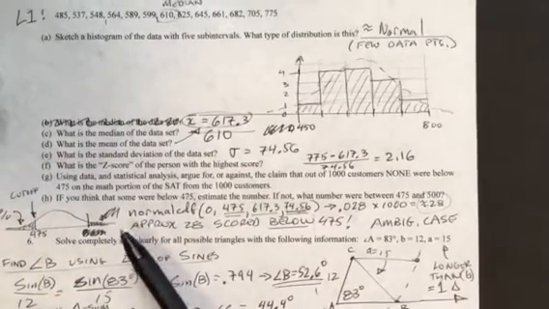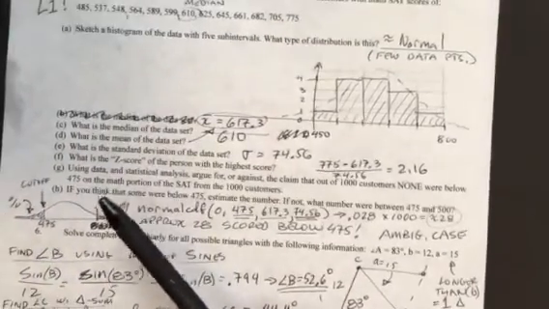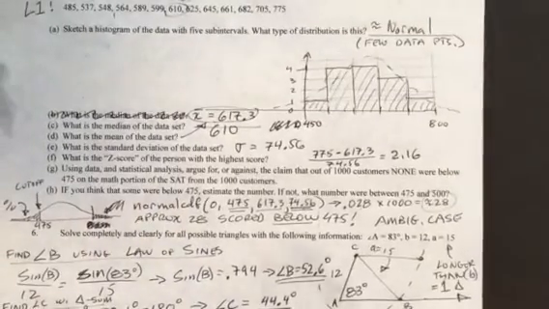So I would argue that it is not possible that they had no scores below 450.